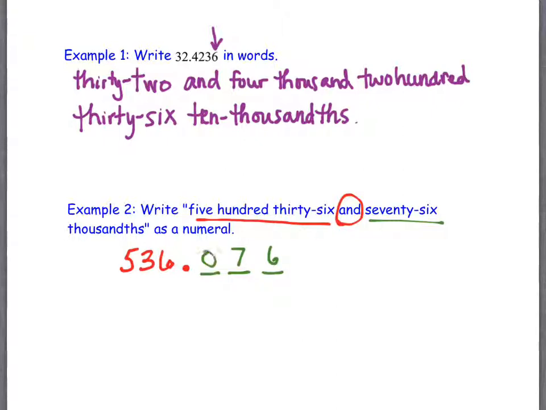There's a 0. So the way that we think about this is 536.076, if we're talking in terms of the notation we're seeing. Okay, you guys remember this? Good. All right, let's do one more.